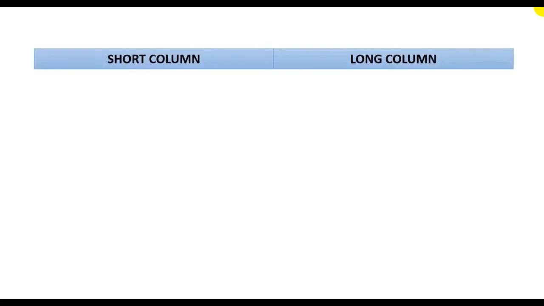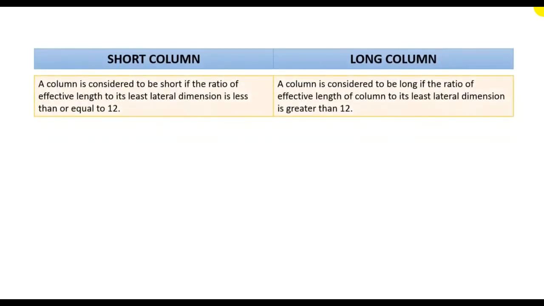First of all, the difference between short column and long column. A column is considered to be short if the ratio of effective length to its least lateral dimension is less than or equal to 12. That means, suppose a column has a cross section of 20 by 12 inch.